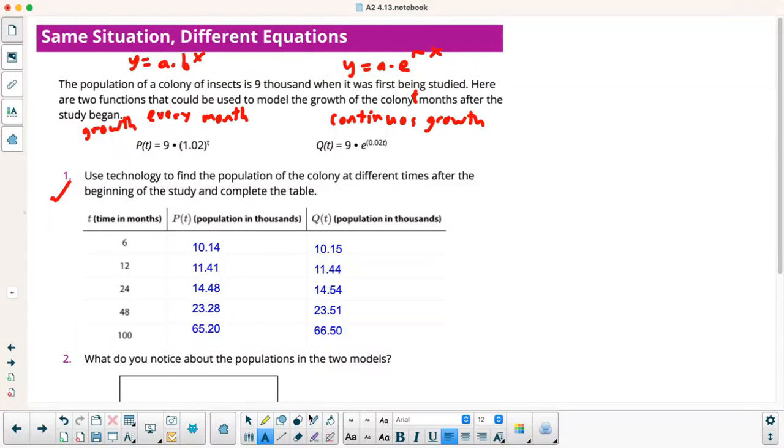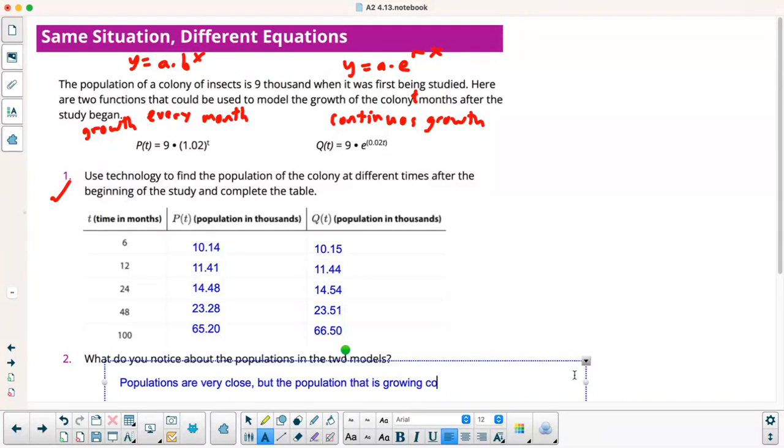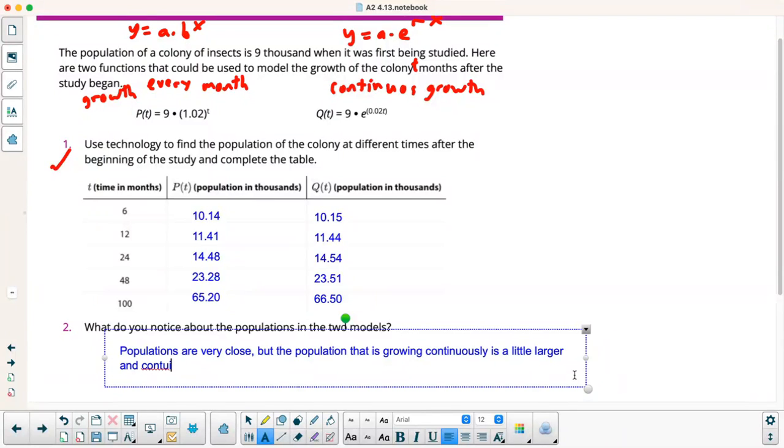I would just say populations are very close, but the population that is growing continuously is a little larger and continues to separate more as t gets larger and larger.